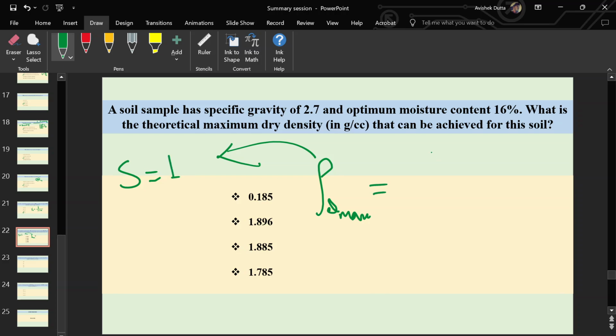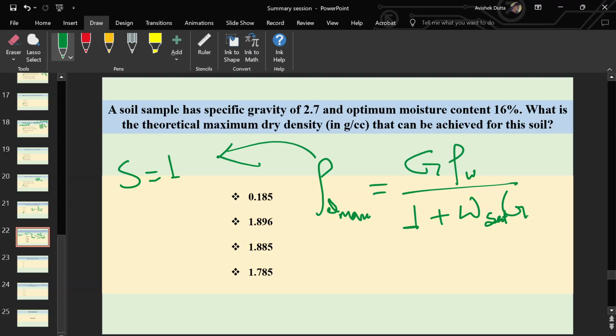So the formula becomes G rho W divided by 1 plus e. What is e? e equals w G by S. Here we have S equals 1, w sat and G. So moisture content w sat is 0.16, G is 2.7 and rho W, as we all know, is 1 gram per cc.